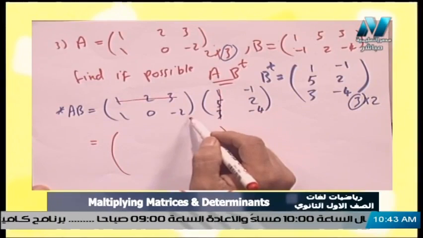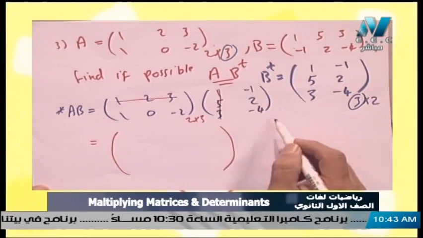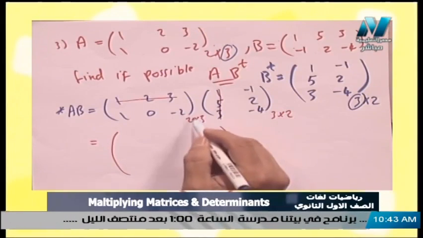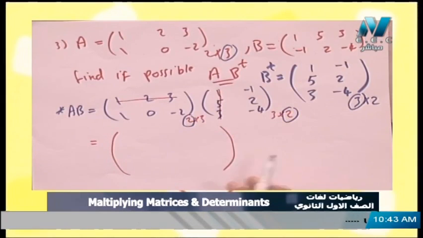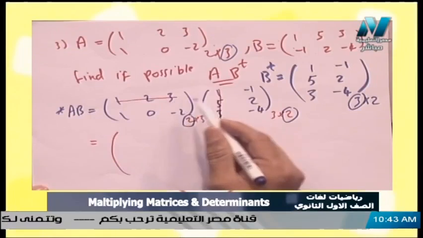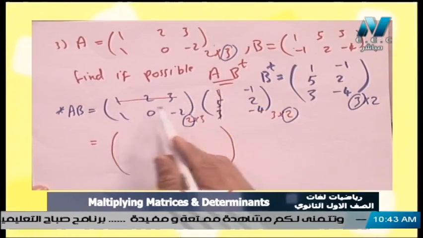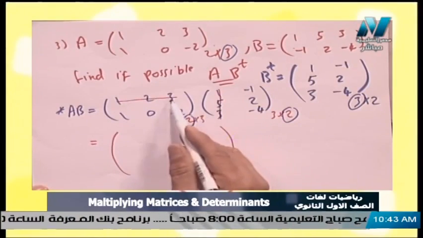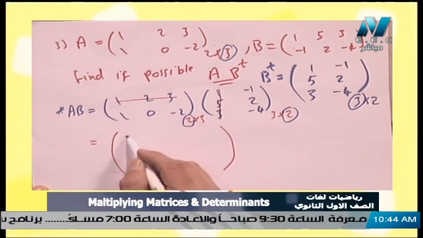The order of this matrix, as we said, is 2 by 3, and this one 3 by 2. So it's expected to be a 2 by 2 matrix. Okay, let's multiply this row by this column. 1 times 1 plus 2 times 5 equal 10, plus 1 equal 11. 3 times 3 equals 9. 9 plus 11 equal 20.